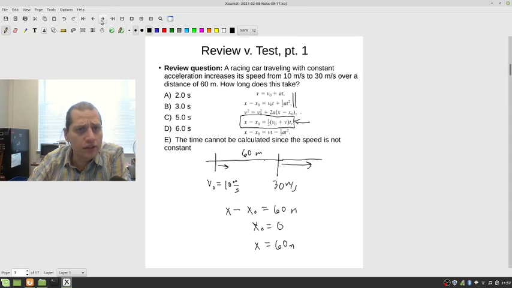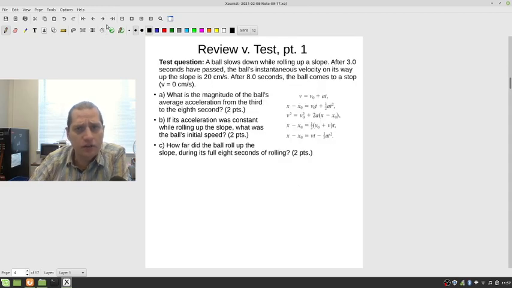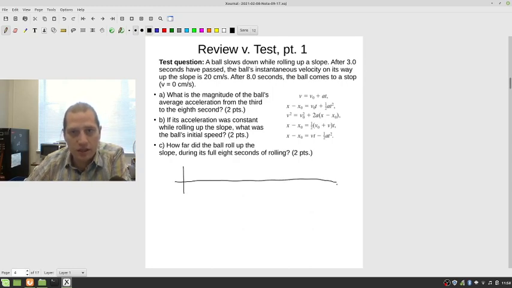Let's look at the test question that I gave you on this. It says a ball slows down while rolling up a slope. After 3 seconds have passed, the ball's instantaneous velocity on its way up the slope is 20 centimeters per second. So it's going up, up, up.